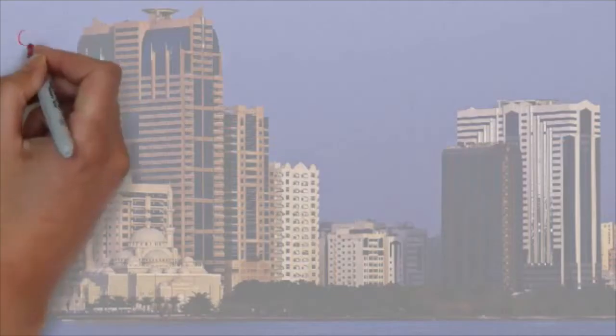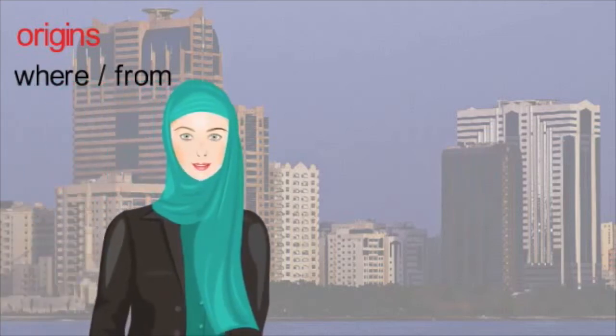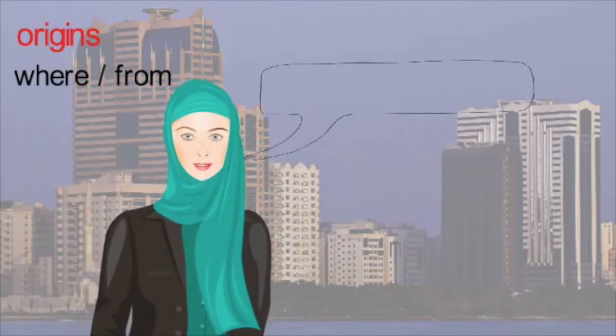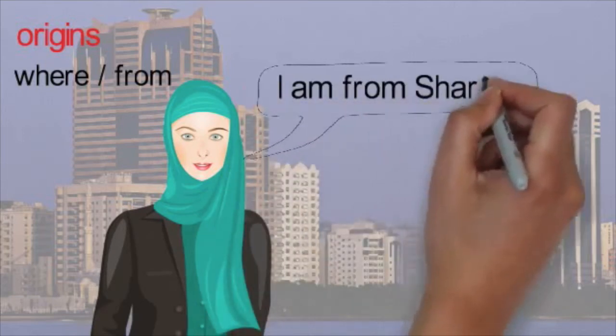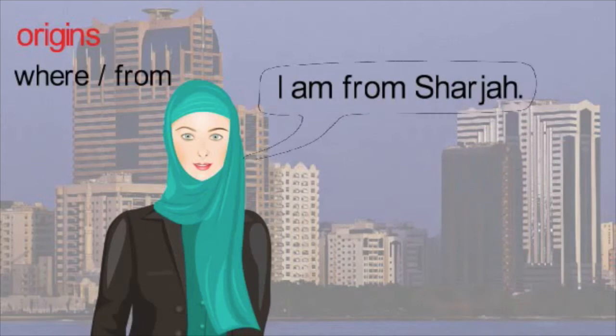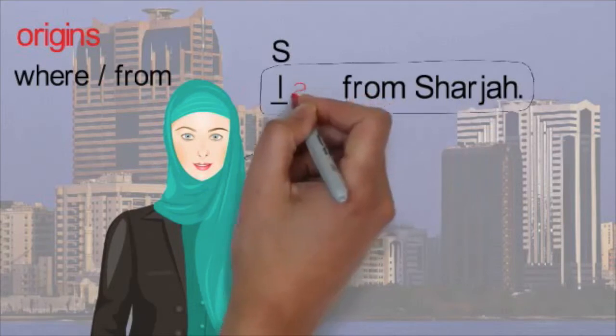Next, let's look at origins. Origin means where something comes from. For instance, I am from Sharjah. In this sentence, the subject is I, and the verb is the be verb am.